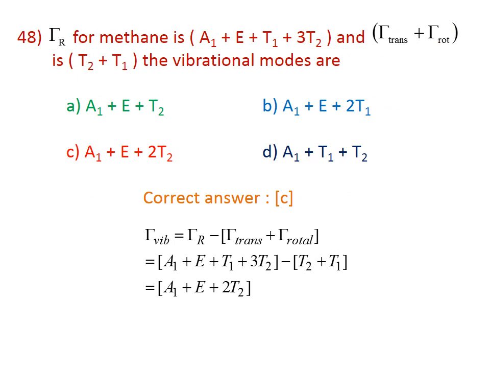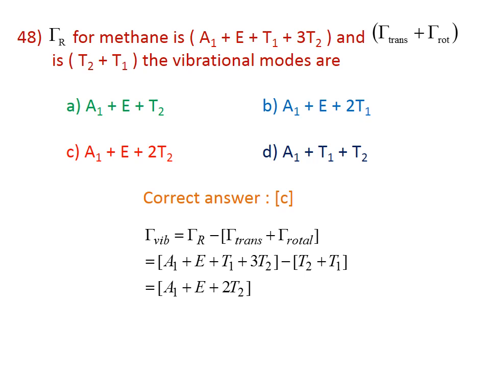For the molecule, tau R is given as A1 plus E plus T1 plus 3T2. And tau translational plus tau rotational is T2 plus T1. The vibrational modes, we have already discussed it. The vibrational modes will be equal to tau R, or tau total, minus tau translational plus tau rotational.